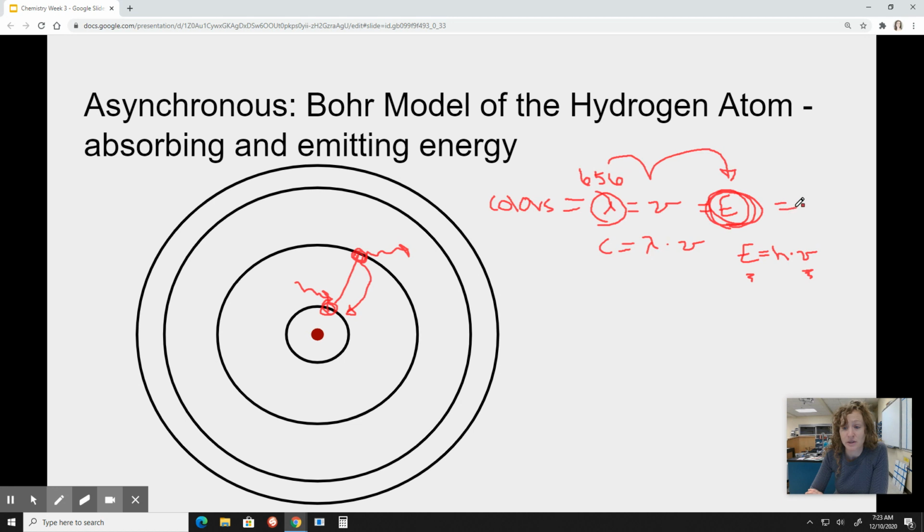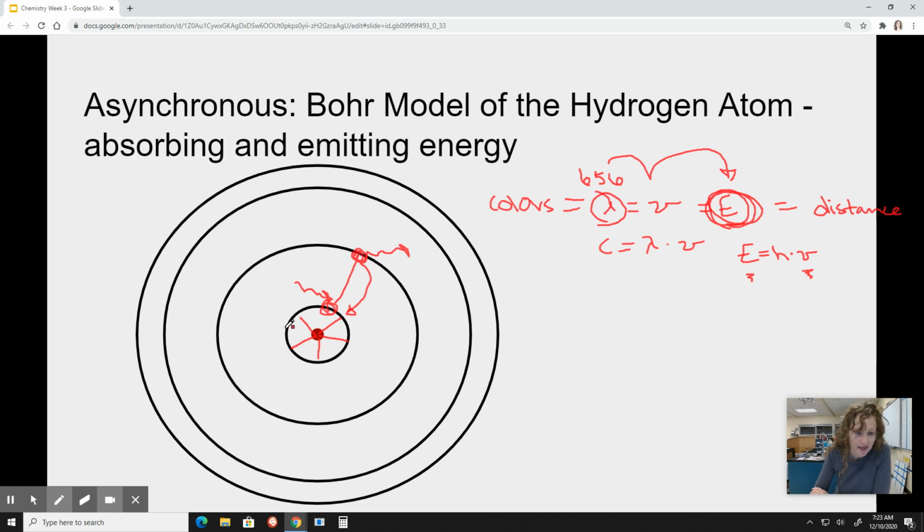Bohr really just built the very last connection here, where he equated a very specific amount of energy with a very specific distance. Notice that the first energy level to the nucleus is always a very consistent distance away.